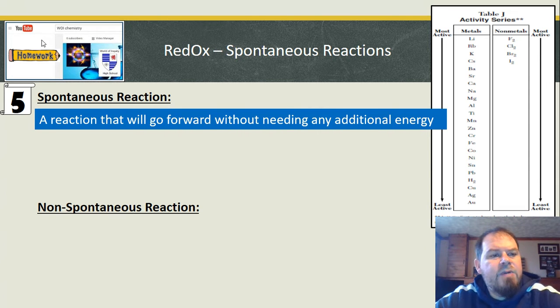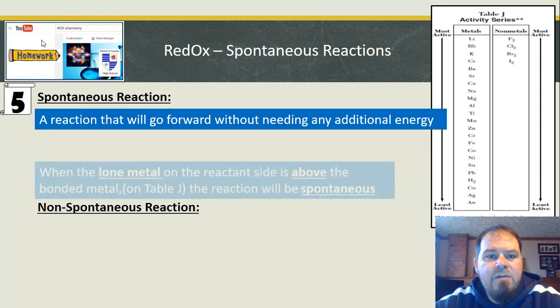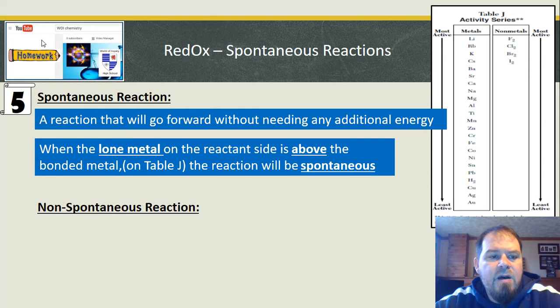As far as this goes, a spontaneous reaction is one that will go forward without needing any energy. It will go all by itself. I just got to get those guys in contact. We learned about collision theory. We get two substances in contact, and this thing will go like crazy. When the lone metal on the reactant side is above the bonded metal on the reactant side, it will be spontaneous.